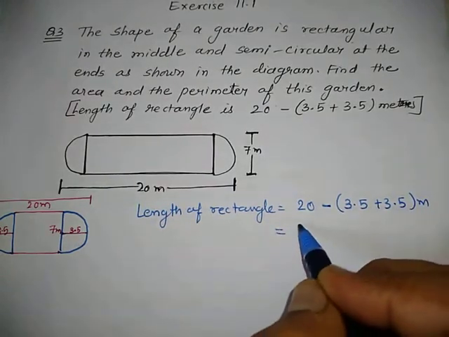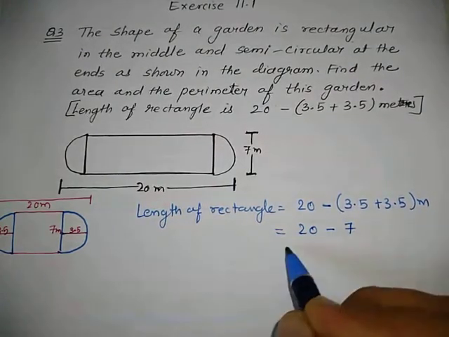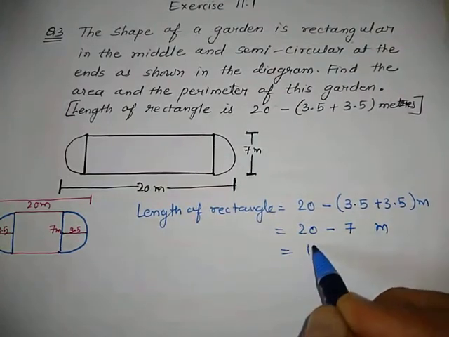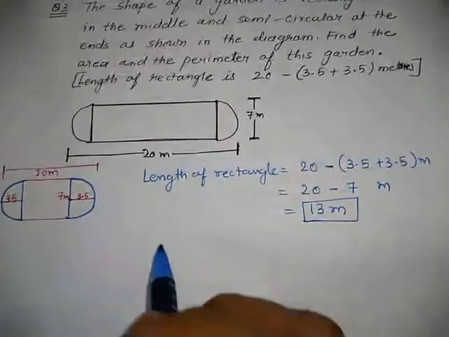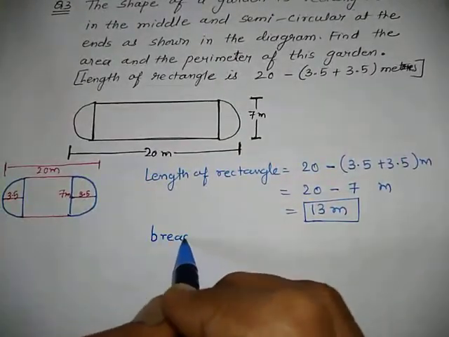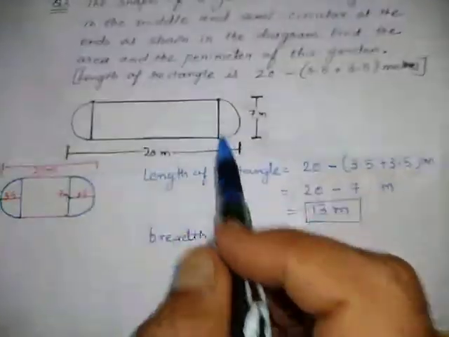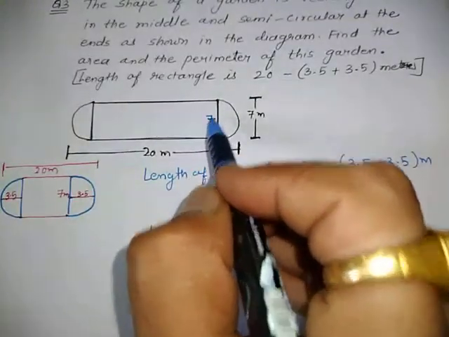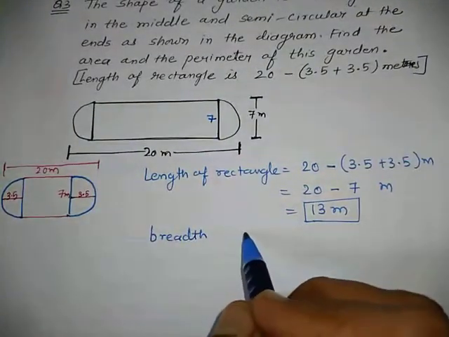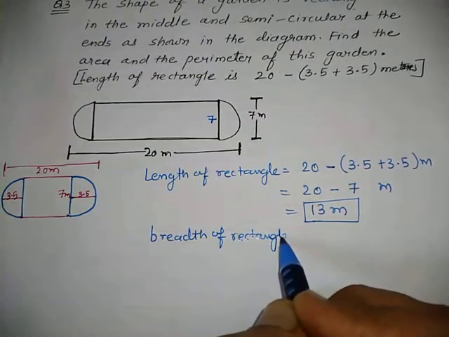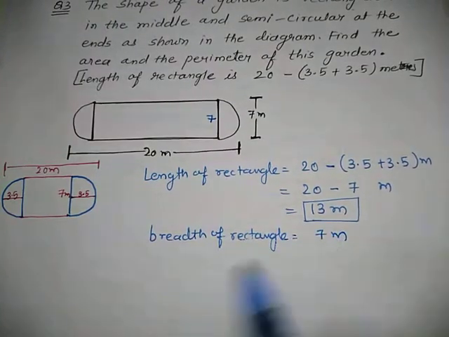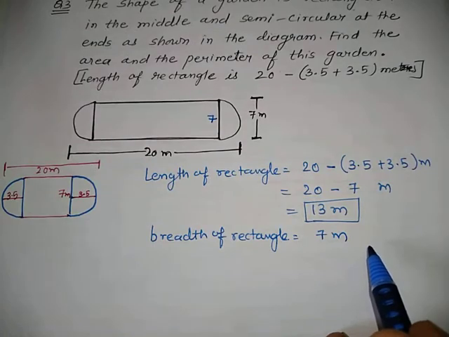That means 20 minus 7 meters, which is 13 meters. Now the breadth is already given, this much is the breadth, so 7 meters. Rectangle 7 meters. So we can find the perimeter and area also.